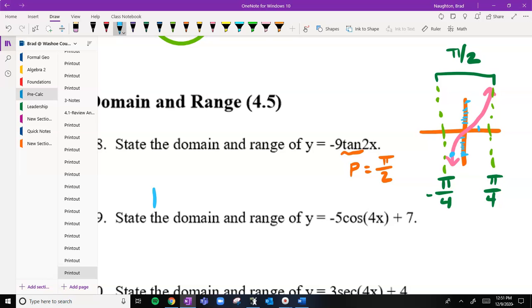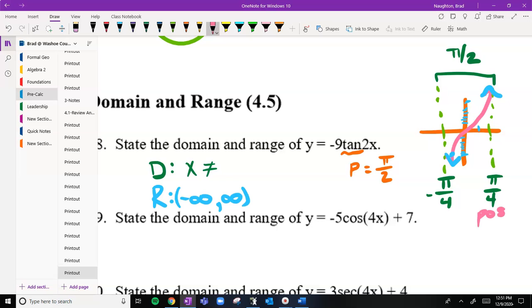So our range, let's look at the one that's going to be easy because my arrows are going down forever and up forever, is going to be all real numbers. And for tangent, your range is always all real numbers. Your domain is going to be a little bit more complicated because x cannot equal certain values. And so we always go to your first positive asymptote. So that's why we had that question earlier.